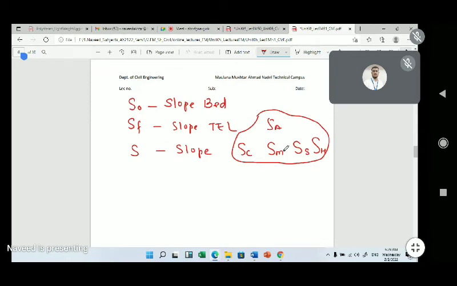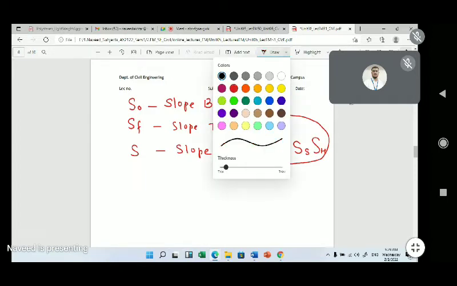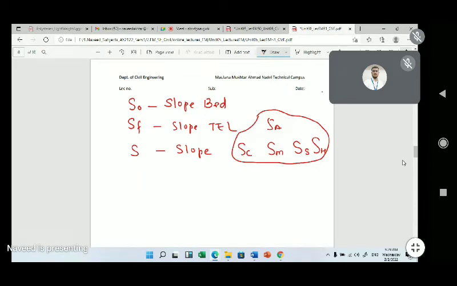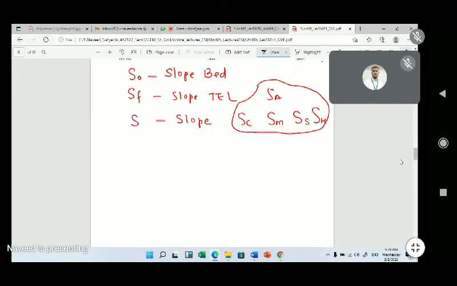We will learn here how to make the surface profile. First we will take the mild slope in case of a channel. To find out the surface profile, we are using the equation for the wide rectangular channel.